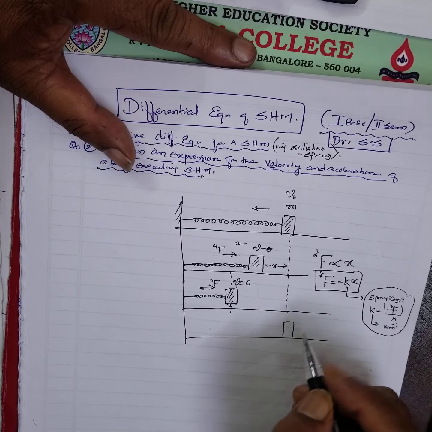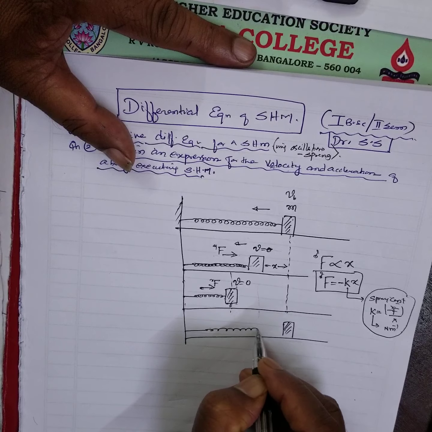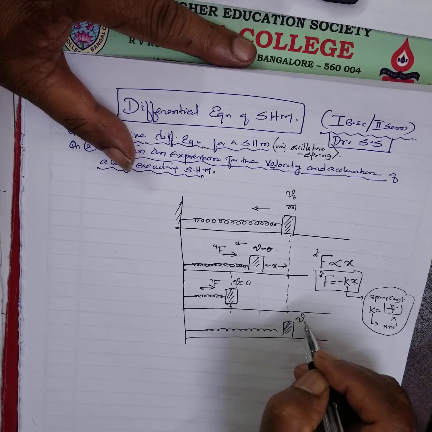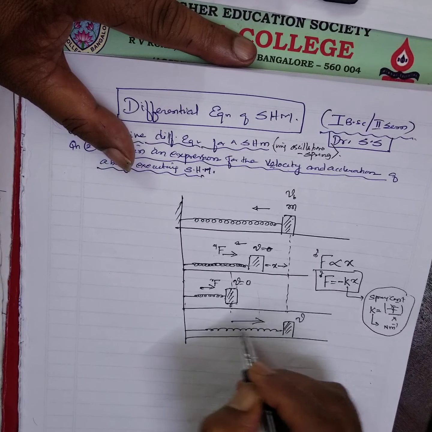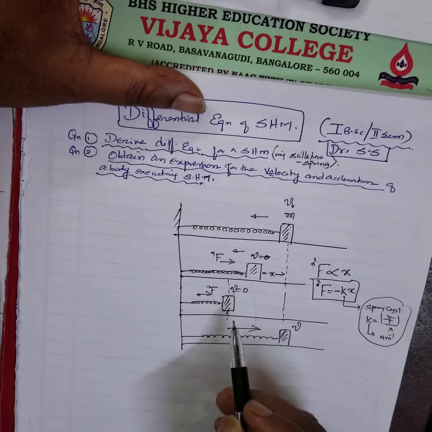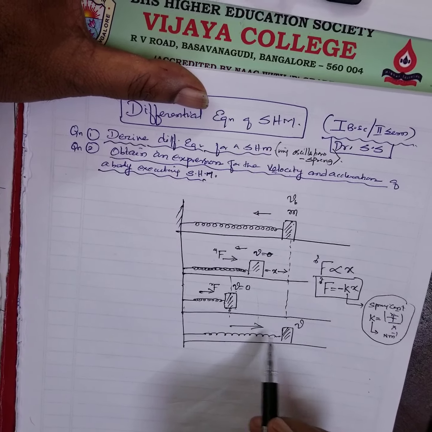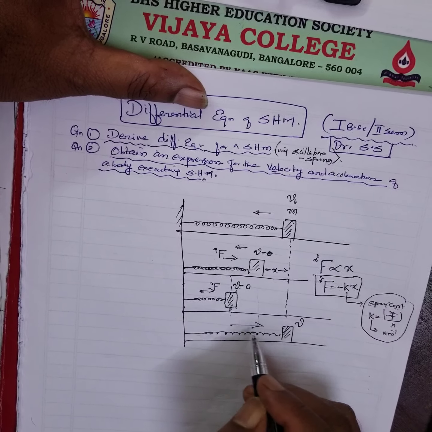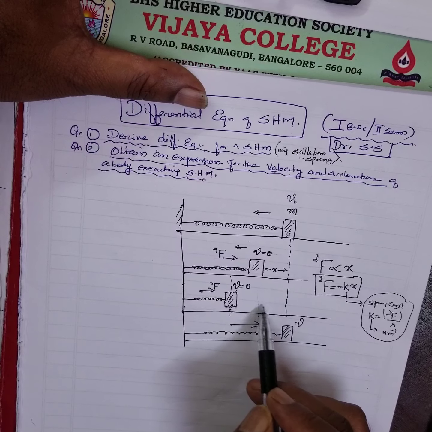By the time it comes here, it has developed a certain velocity because of this force. The velocity is gradually increasing because the force is equal to the mass of the body times acceleration. It is accelerating. The beginning velocity is 0, then gradually the velocity increases.